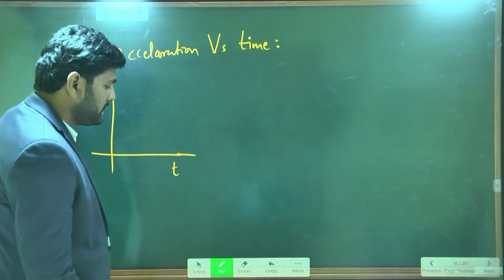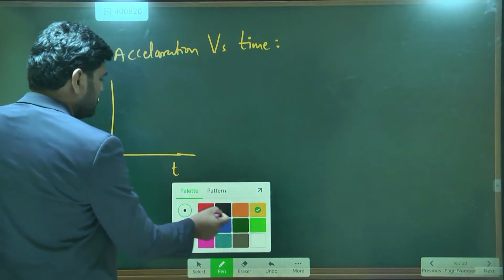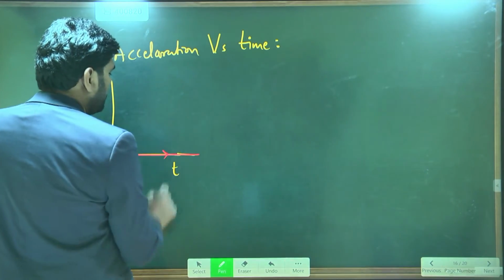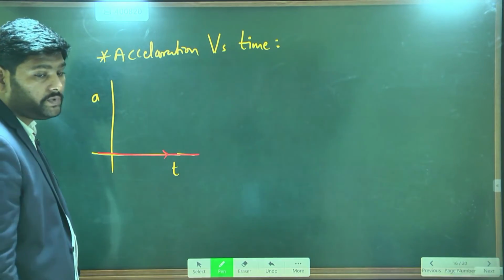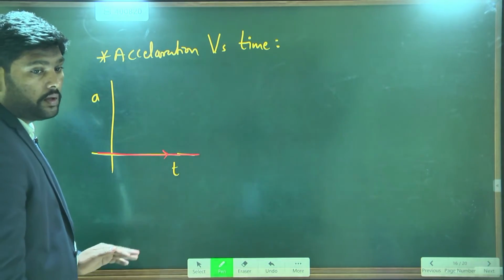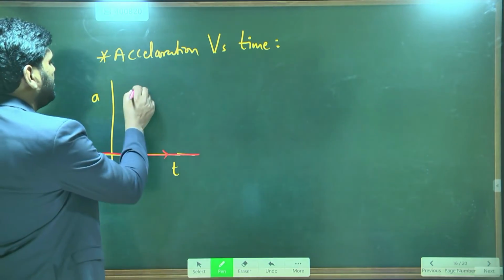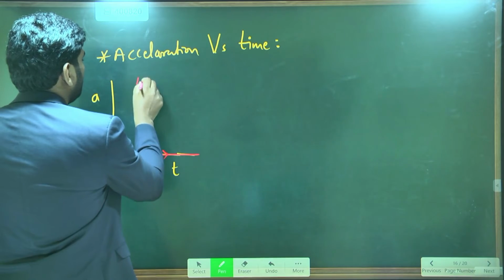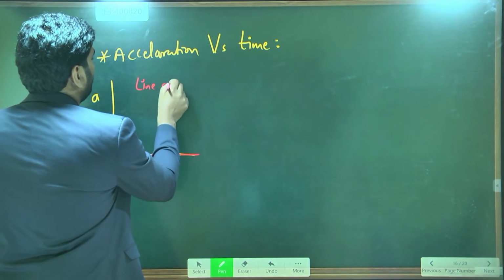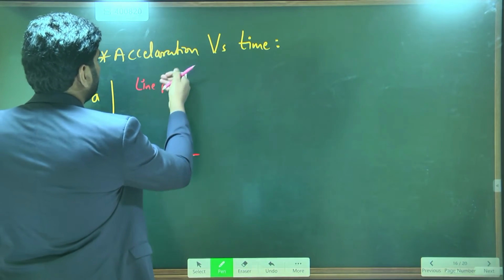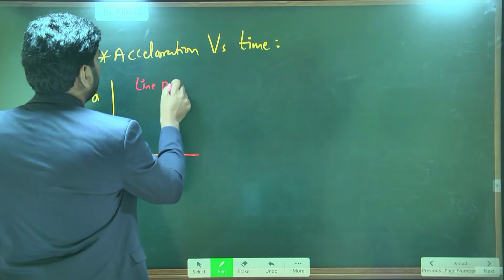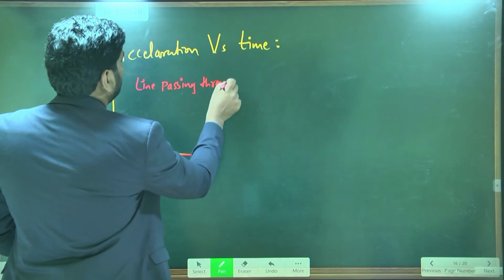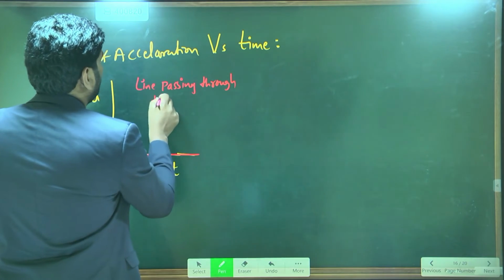Now the first graph is a line passing through the time axis.